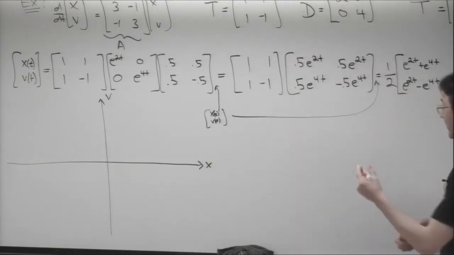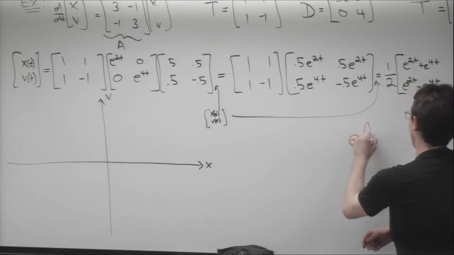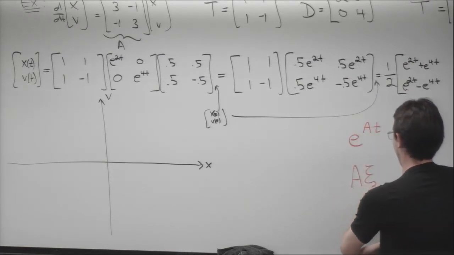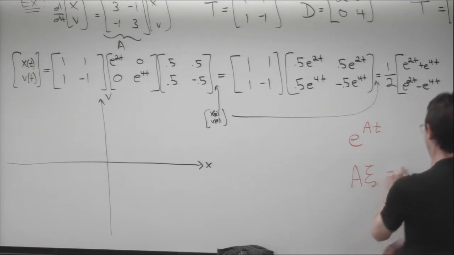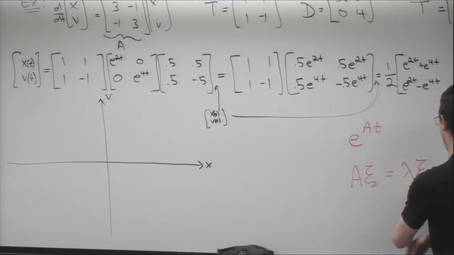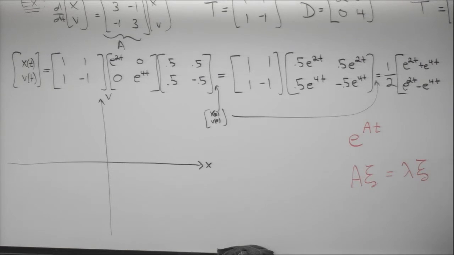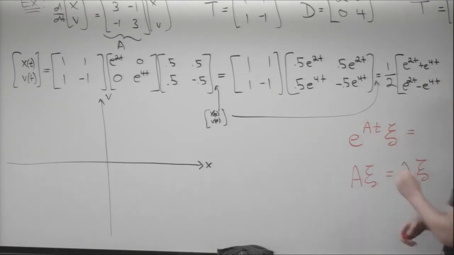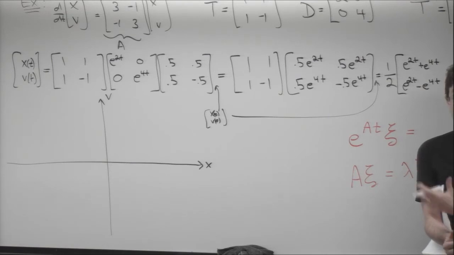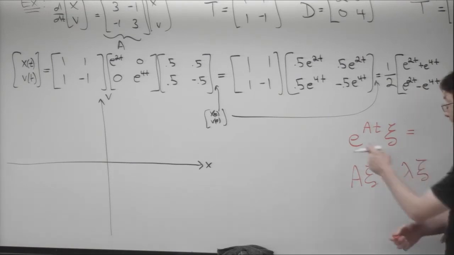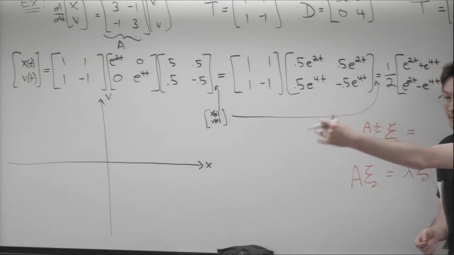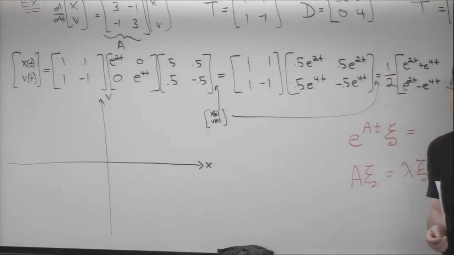You should verify this. A times my eigenvector is equal to lambda times my eigenvector. If I take e to the at times my eigenvector, it also stays in the same direction as my eigenvector, because e to the at is made up of a sum of A's: identity plus A squared plus A cubed, and so on.